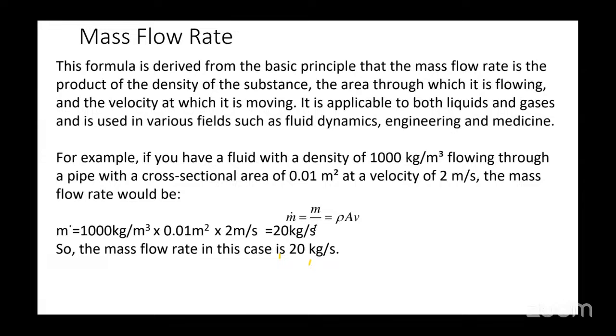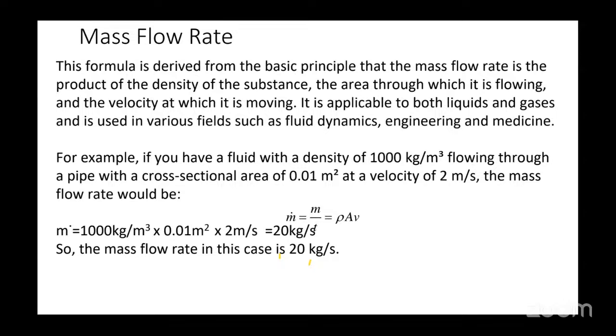If you have a fluid with a density of 1,000 kilogram per meter cubed flowing through a pipe with a cross-sectional area of 0.01 meters squared at a velocity of 2 meters per second, the mass flow rate will be, now the mass flow rate we know is rho AV.